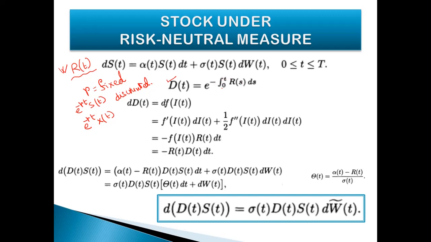So if R_s equals R, then e to the power minus the integral from 0 to t of R_s ds will be e to the power minus the integral from 0 to t of R ds, so it is e to the power minus rt. Same thing here.